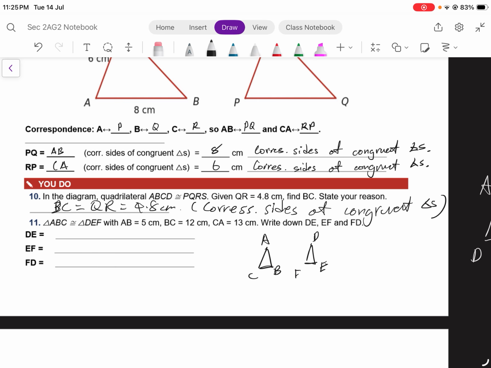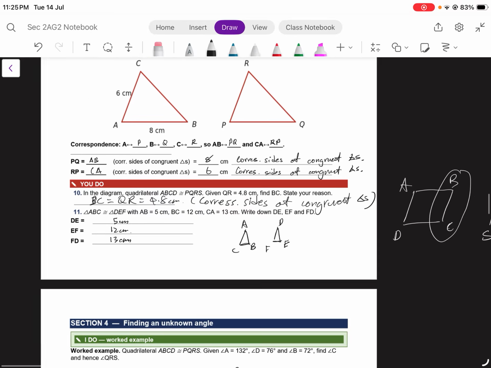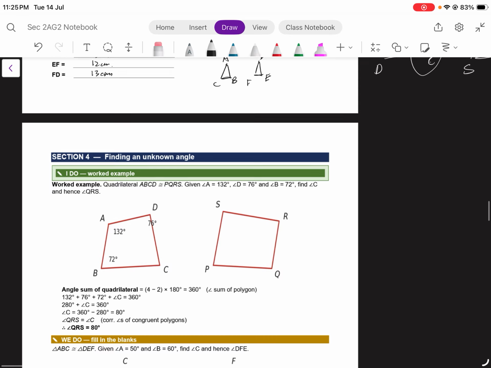So if AB is 5, DE is also 5. EF will be BC, so BC is 12. And then FD will be CA, so it's 13 cm. Okay, so it's really quite easy.